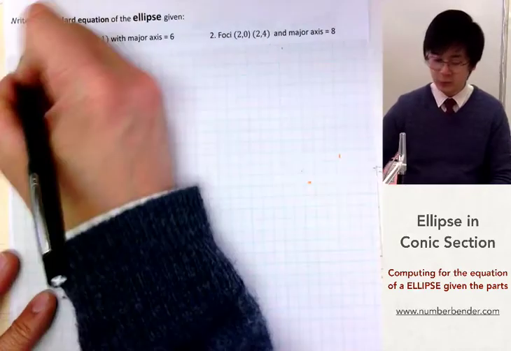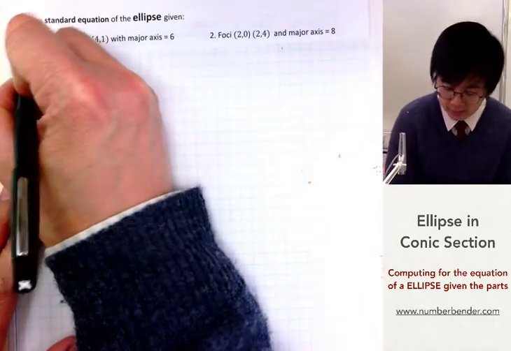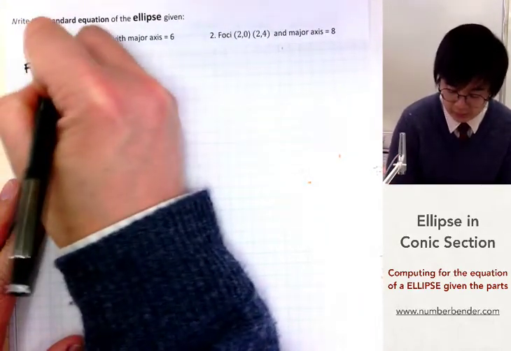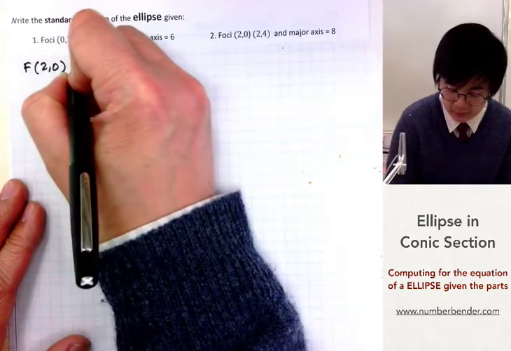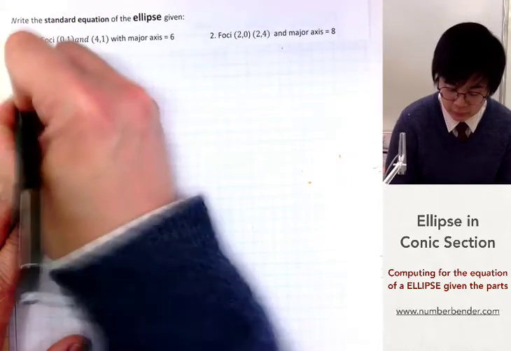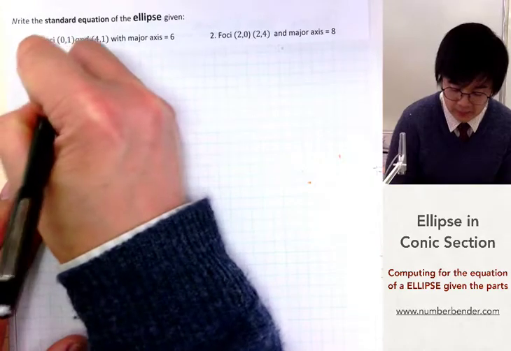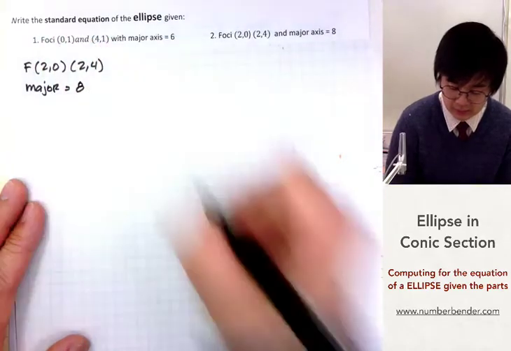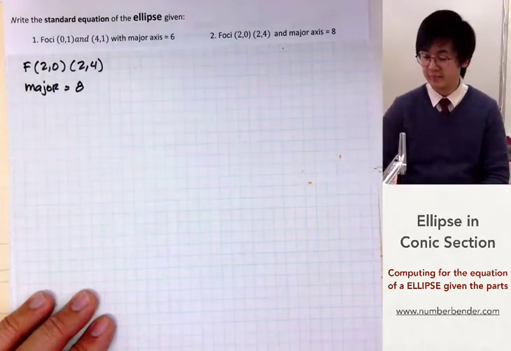So now we're going to be working on problem number 2, and in number 2 we're given the foci at 2, 0 and 2, 4. Major axis is at length 8.